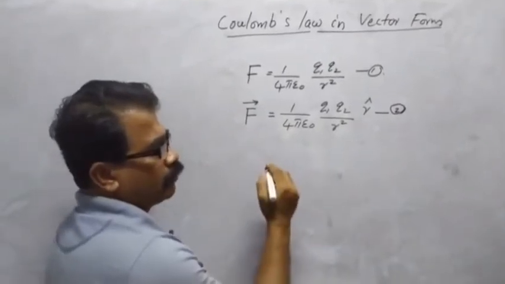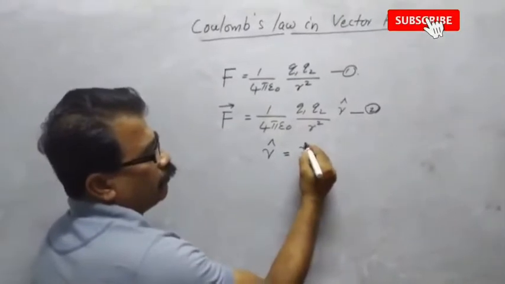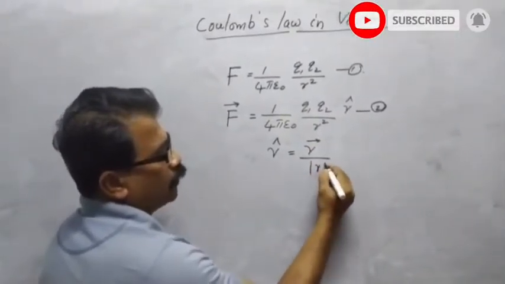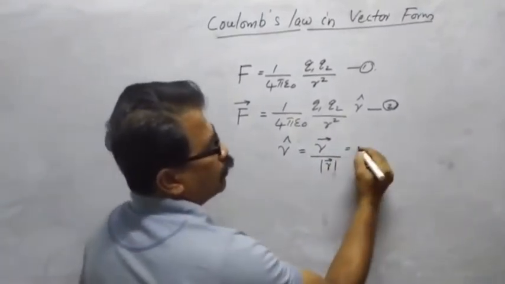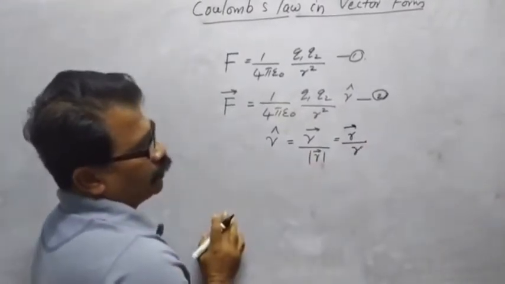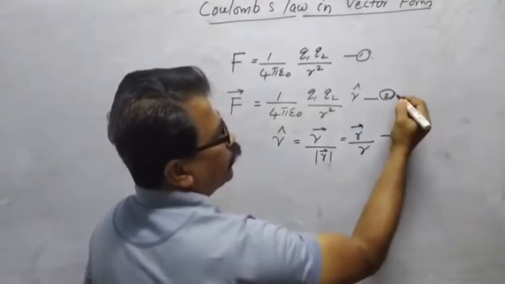How will you write the unit vector? The unit vector equals vector r divided by modulus of vector r. Very simple, r by r. You substitute this equation 3 in 2.